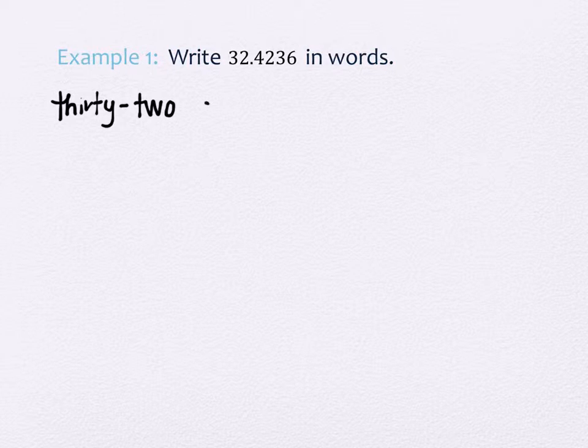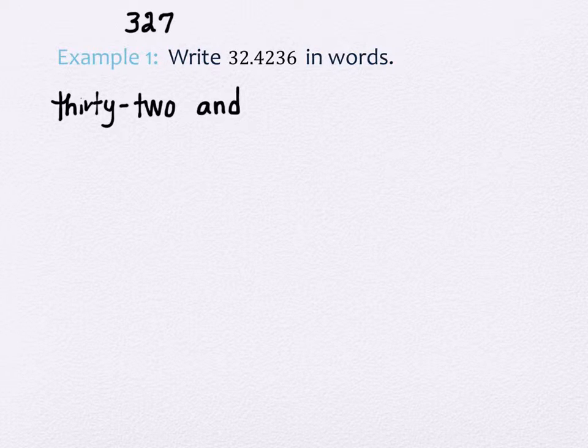So I have distinct memories from 2nd grade of using the word and in the middle of numbers that did not have decimal points. Numbers like this, and I would say 327. My teacher would get very unhappy with me because the and shouldn't be used right there because it wasn't a decimal point. So the word and means that we've got a decimal point in this situation. So we want to say that correctly.